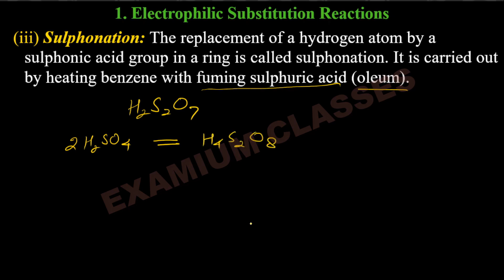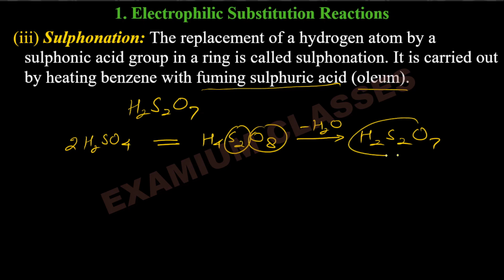Now if you remove H2O from this, you had 4 hydrogens, removed 2, it will be H2. S2 as it is, O8, you remove 1 oxygen, O7, so you actually get oleum. So oleum is considered as removal of 1 water molecule from 2 molecules of H2SO4.